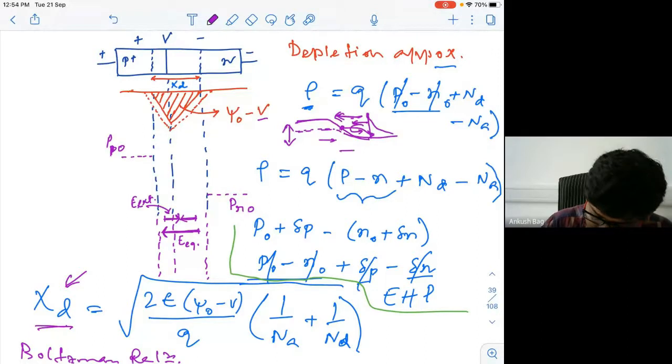So the electron flowing from left to right is due to the drift, and the electron flowing from right to left is due to the diffusion.